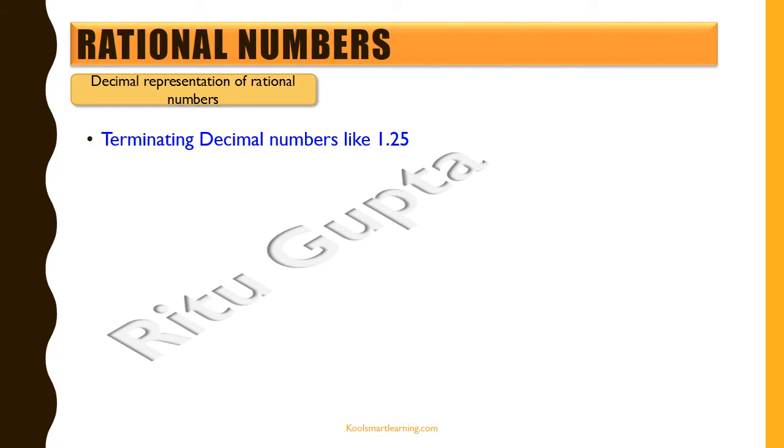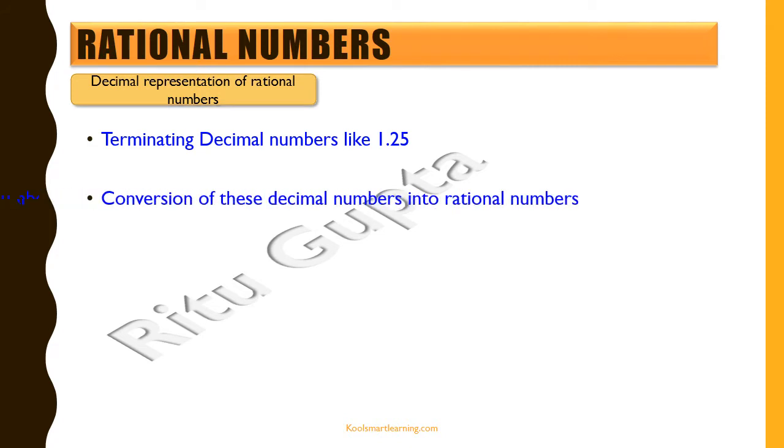What does a terminating decimal number mean? Terminating decimal numbers are numbers which have a decimal part, but the decimal part terminates after a fixed number of digits, and that fixed number of digits could be 2, could be 5, could be 10, could be 15, but it terminates at that point. So they're called terminating decimal numbers.